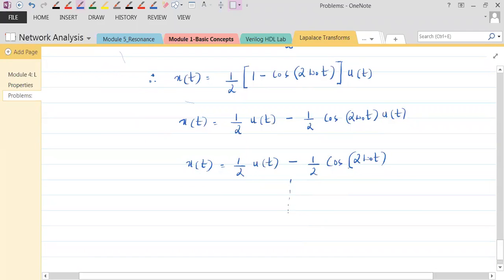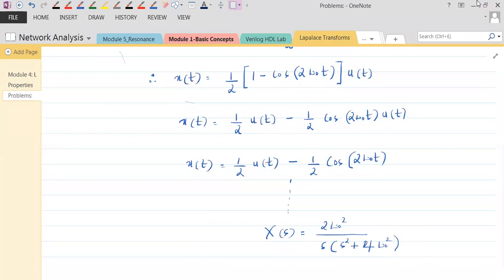What is the Laplace transform of cos omega naught t? And what is the Laplace transform of cos 2 omega naught t? If you know that, the Laplace transform would be 2 omega naught square divided by s into s square plus 4 omega naught square. So try to get this yourselves.